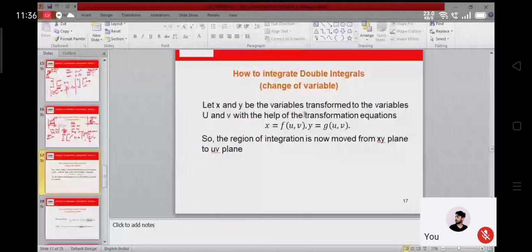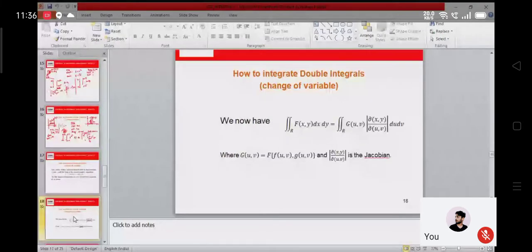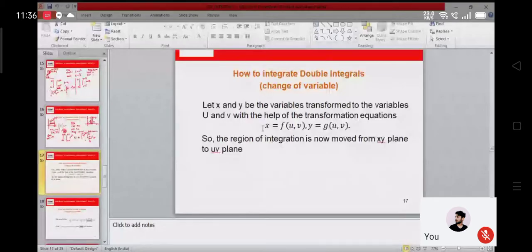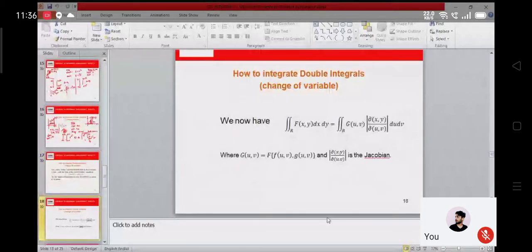Okay, so let us move here. Just look before we move. Suppose your x variable and y variable follow this relation, x in terms of u and v and y in terms of u and v. You are transforming your integration region to another. Then what will be the changes in the formula?